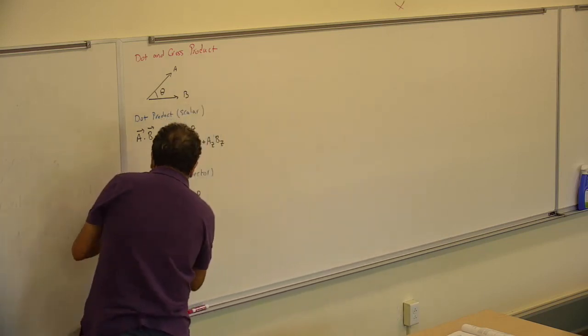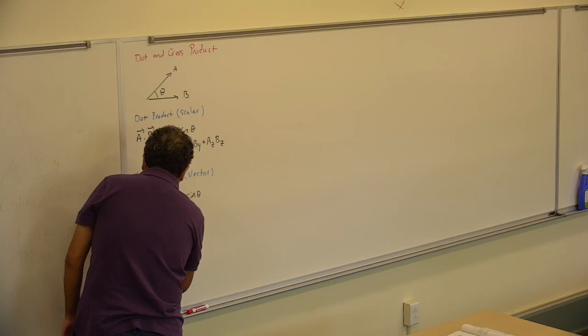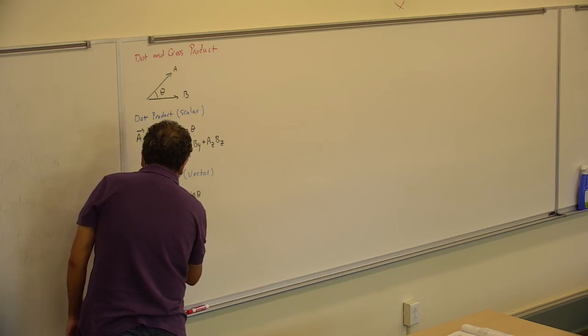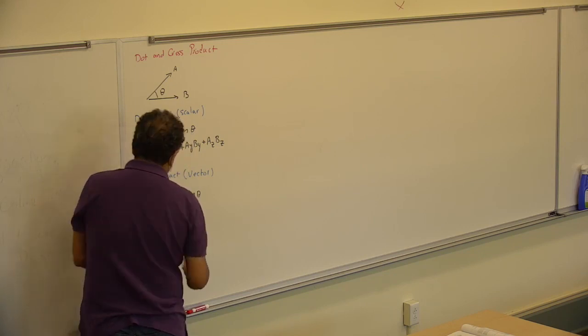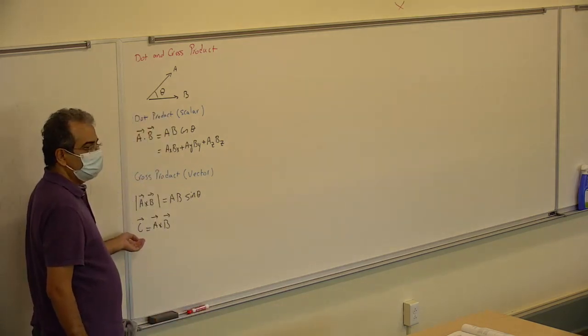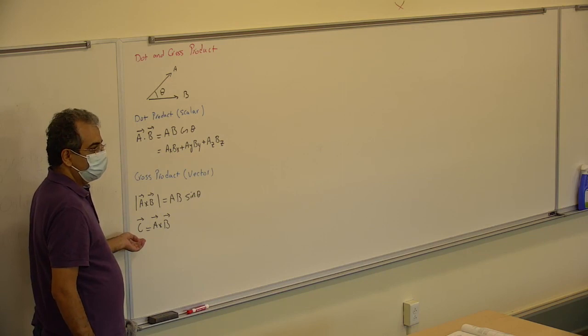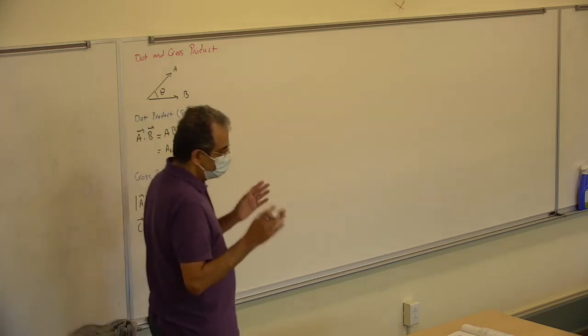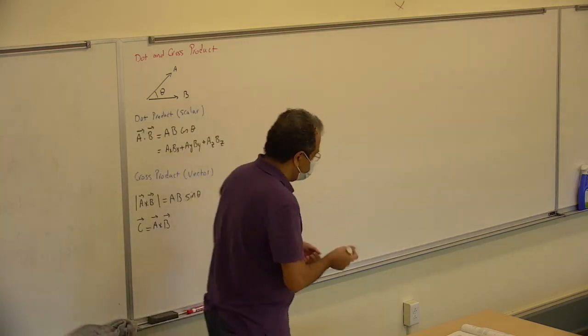The actual cross product will give you the C, and it's going to be a vector. That vector is going to be the magnitude of the C times UC.